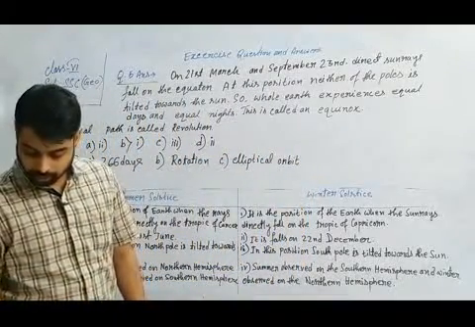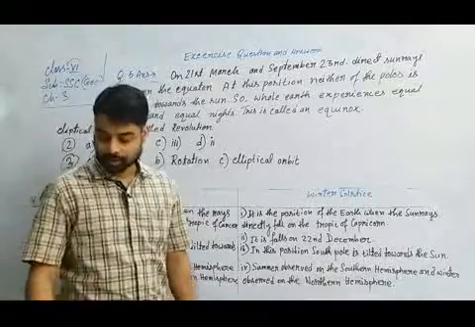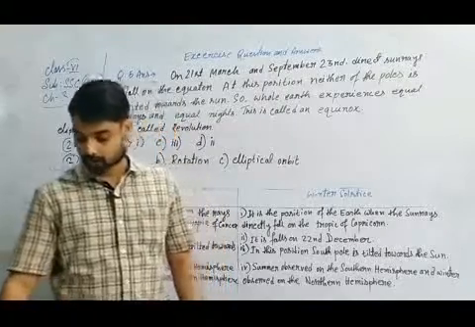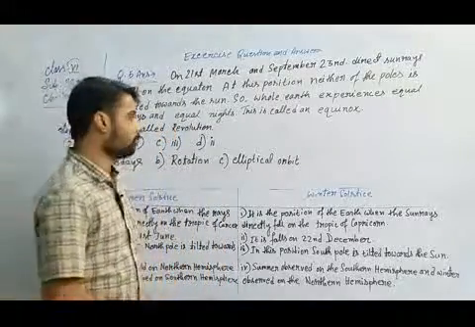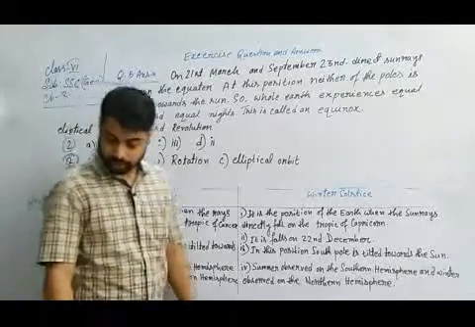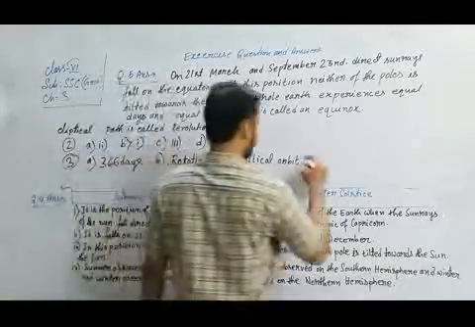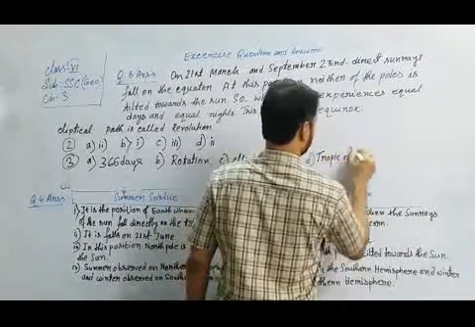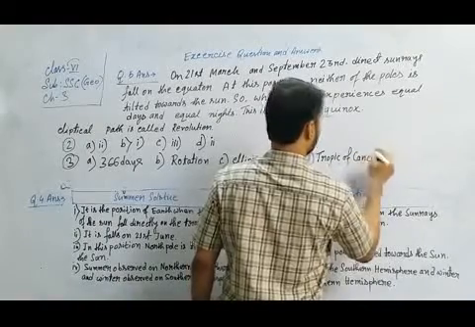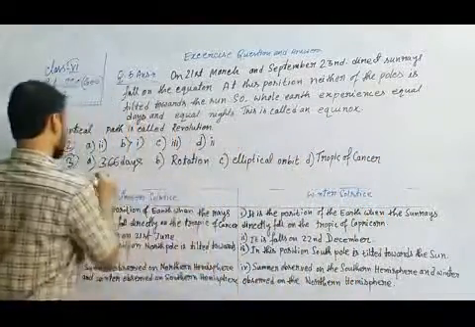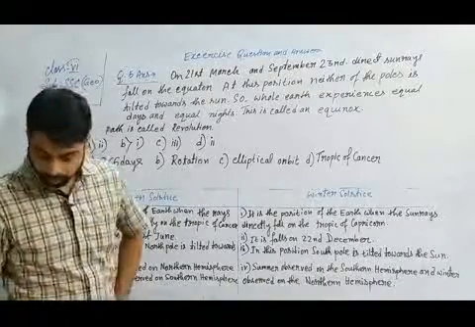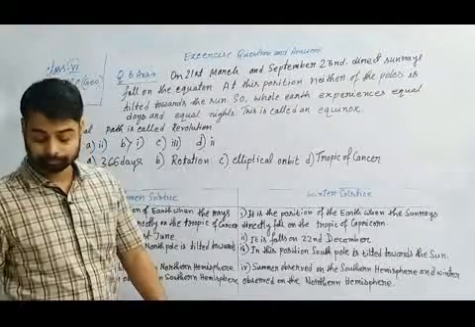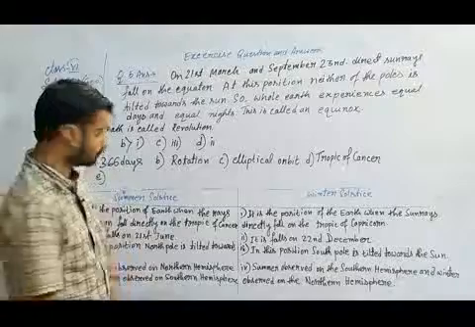Next one, question number 3D: the sun's rays fall vertically on the Tropic of dash on the 21st June, and it will be Tropic of Cancer. And the last one, E: days are shorter during dash seasons. So days are shorter during winter seasons.